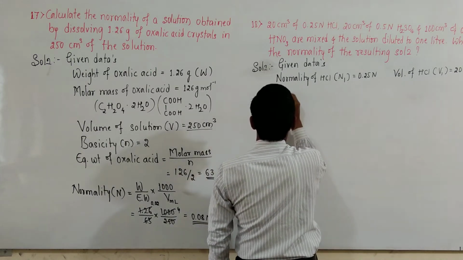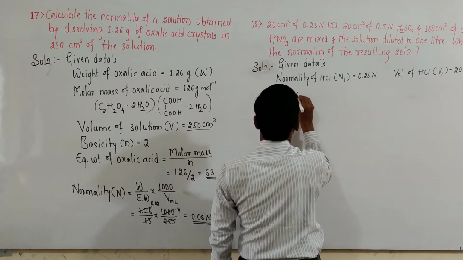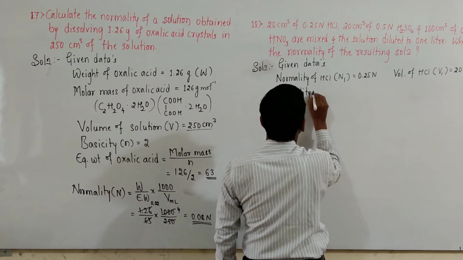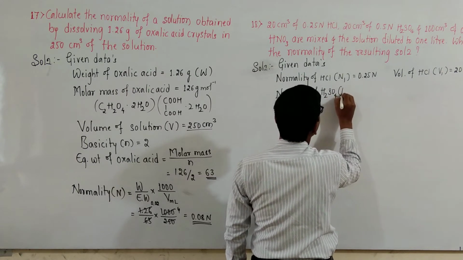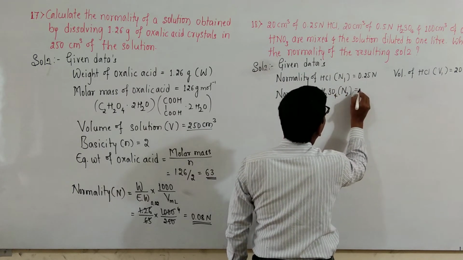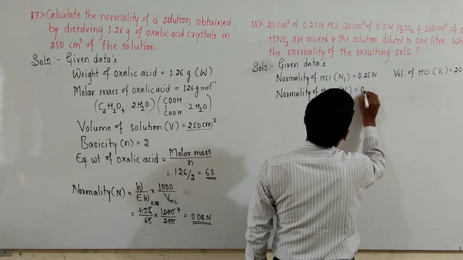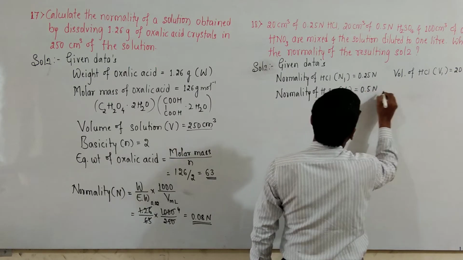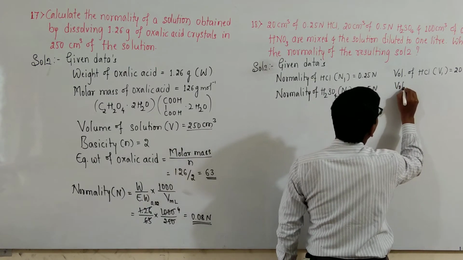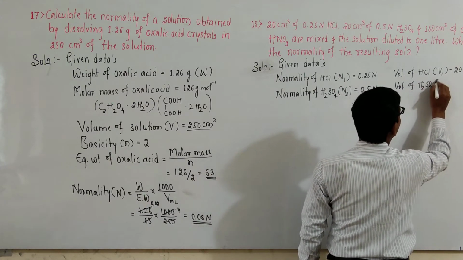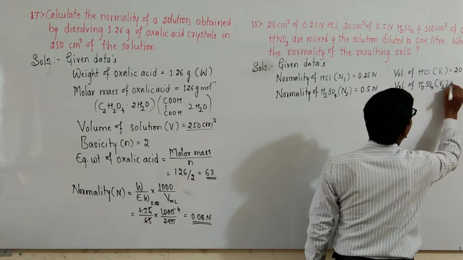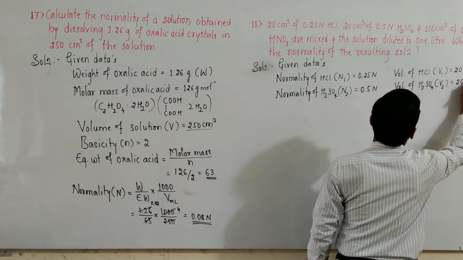Next, normality of H2SO4, that is N2, is 0.5 normal. Volume of H2SO4, that is V2, is equal to 20 cm cube.